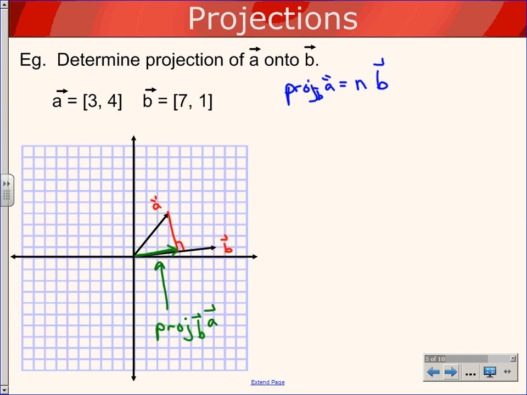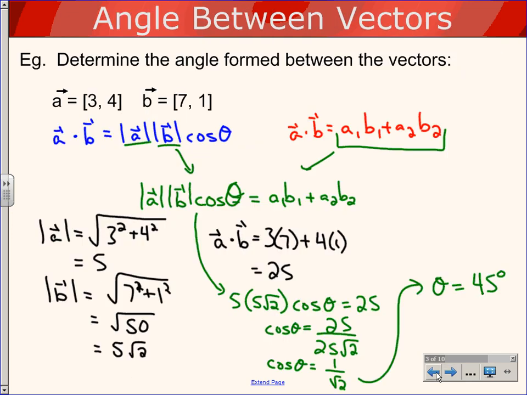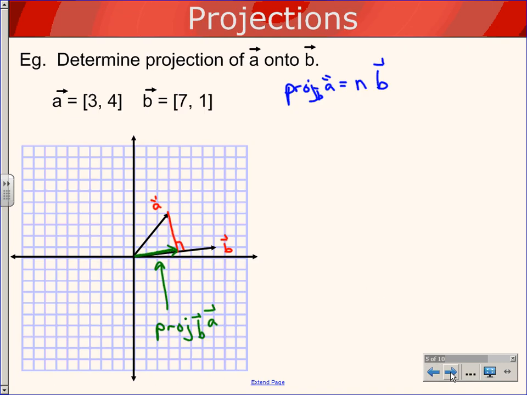And as it turns out, that's not hard to do because of the work that we've just finished doing. Let me back up a minute. When we had those two vectors and we found the angle between them, right, we know that the angle between them is 45 degrees. That's good. And we also found out that the magnitude of vector A was 5. So I'm going to put that into this picture. It's going to be tight. I'll squeeze it in there.